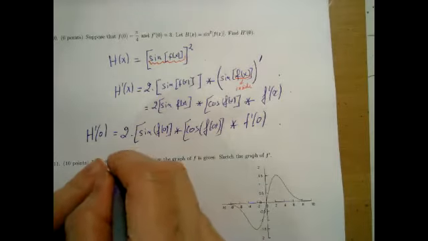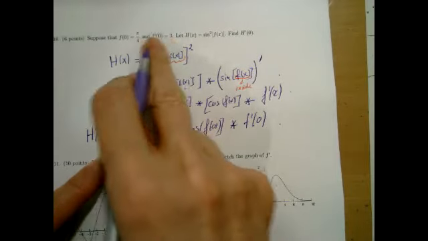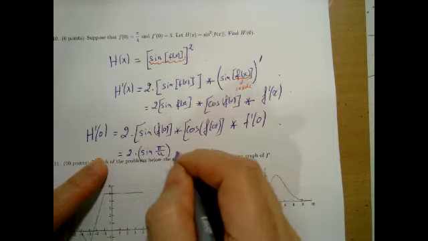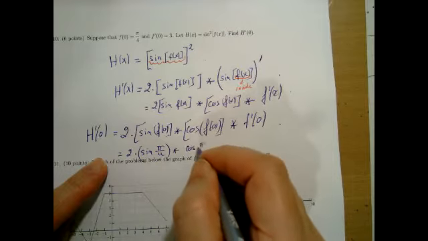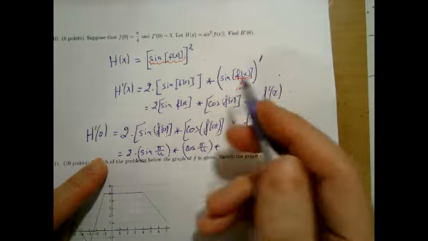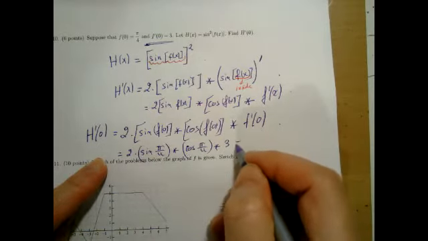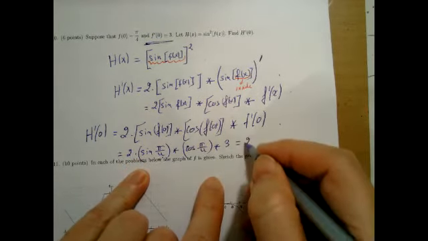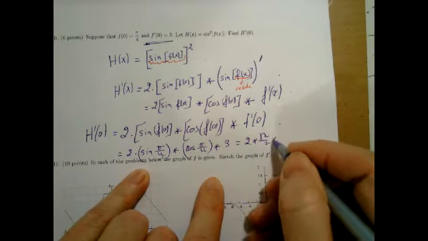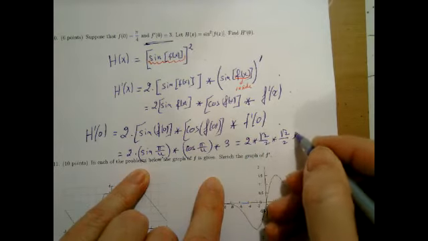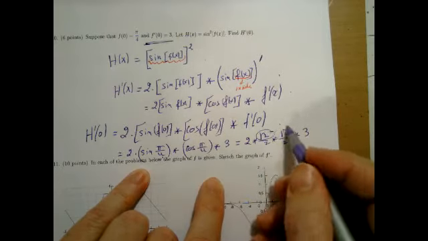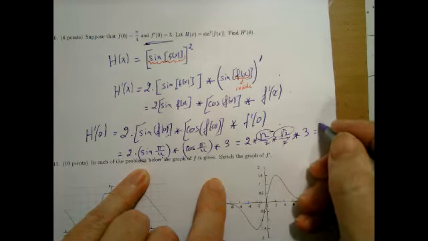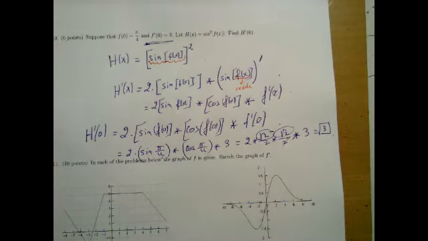Now I substitute because I gave you the value. 2 times, f of 0 is pi over 4, the sine of pi over 4 times cosine pi over 4 times f prime, which is 3. Okay. Now sine pi over 4 is square root of 2 over 2. And this is square root of 2 over 2. So this is times square root of 2 over 2 times square root of 2 over 2 times 3. And now square root of 2 times square root of 2 is 2. So I'm going to have 3. End of the problem. Okay.